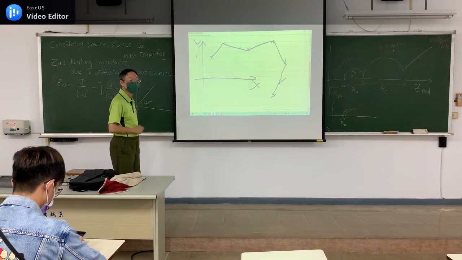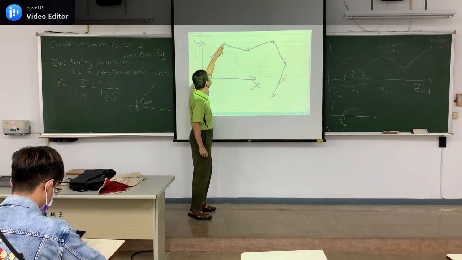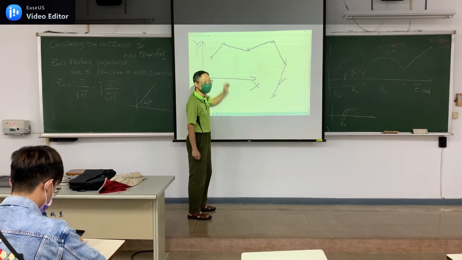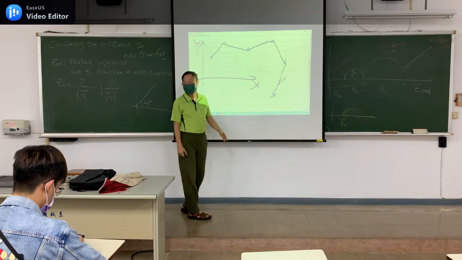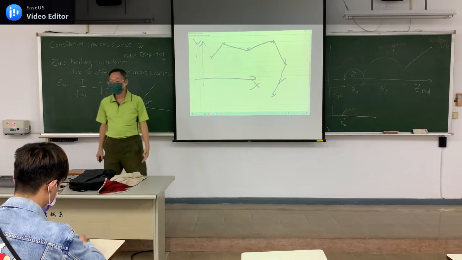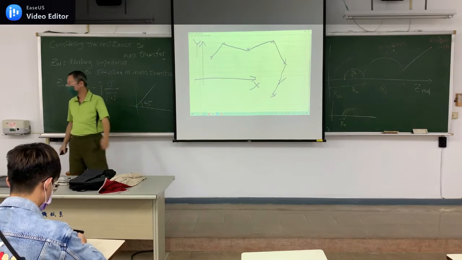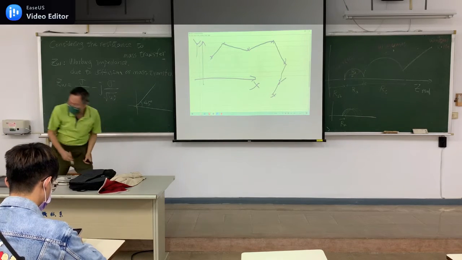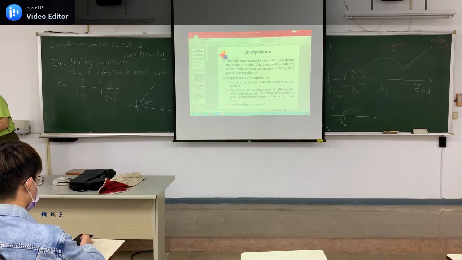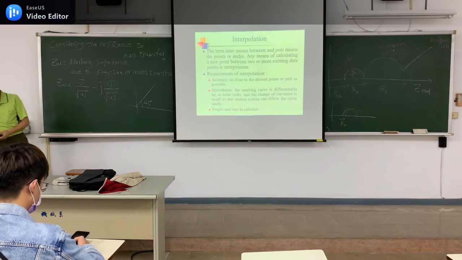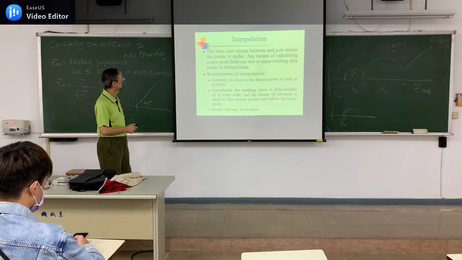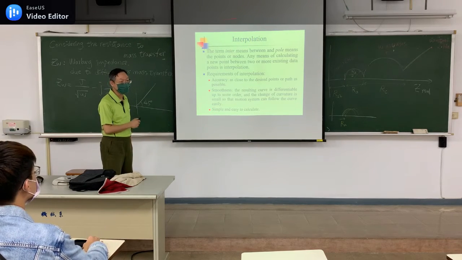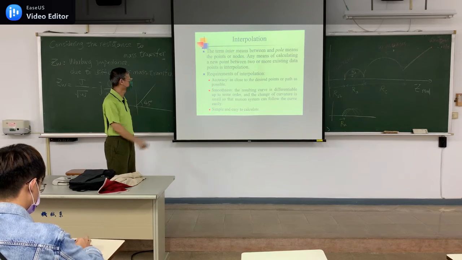So between points, we need to determine how we need to go between these 2 points. It's linear or circular or polynomial. And this is what we call interpolation between points. Okay. Between points is what we call interpolation.